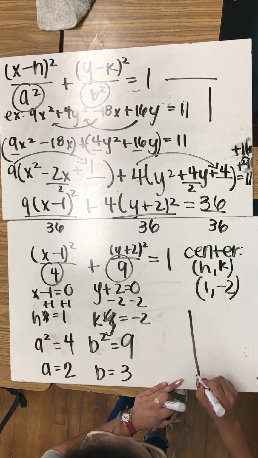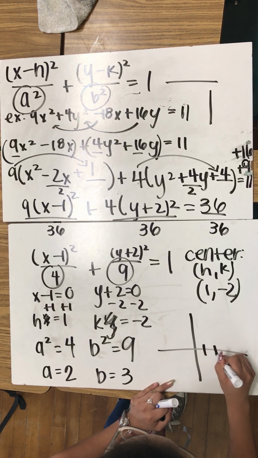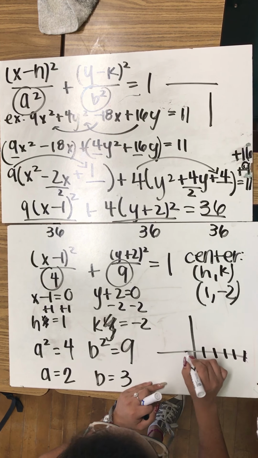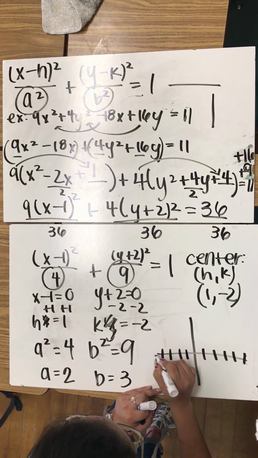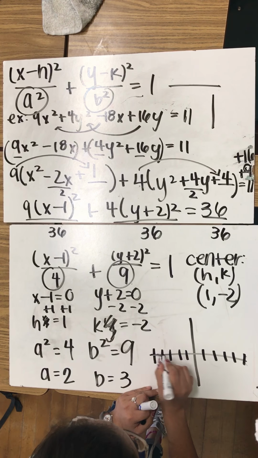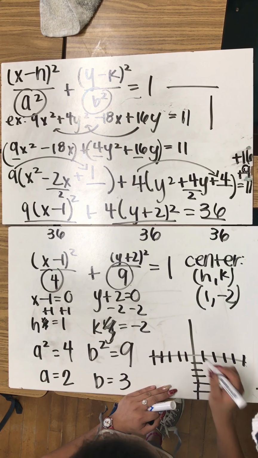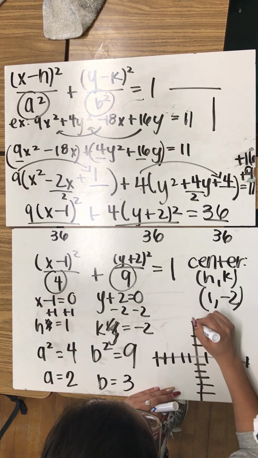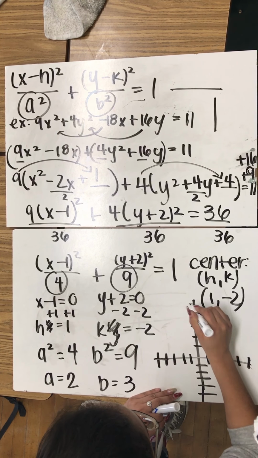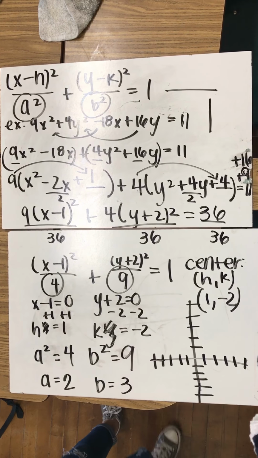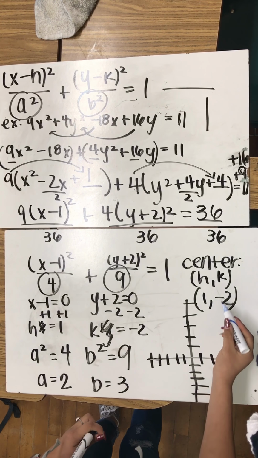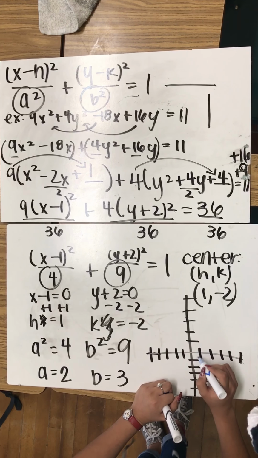So with this, I'm going to graph it. 1, 2, 3, 4, 5. Continue that, and then 1, 2, 3, 4, 5. Okay. So we know that the center is (1, negative 2). So I'm going to move over 1 and go down 2.